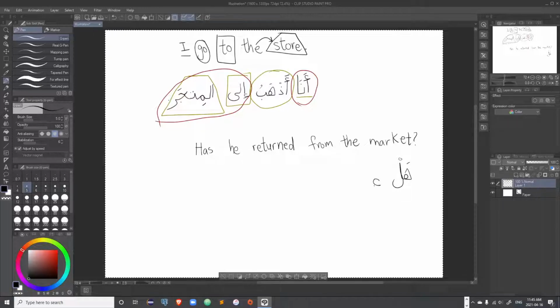عاد, that is the past tense of return, the verb to return.